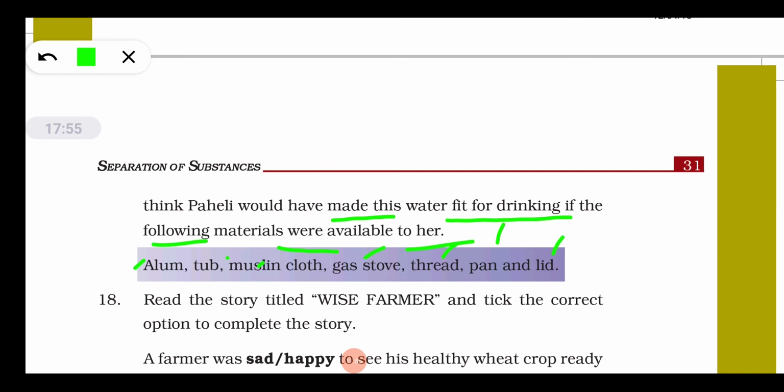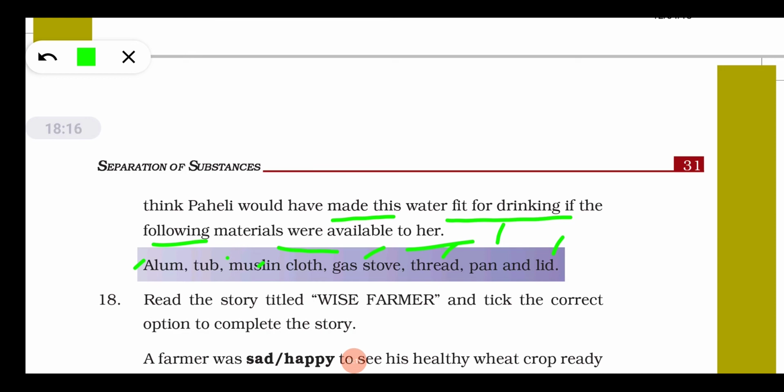You see, first of all, Paheli should filter the muddy water with the help of muslin cloth. Okay, so now she should tie the piece of alum with the thread and put it inside the water for some time and then leave the water undisturbed.